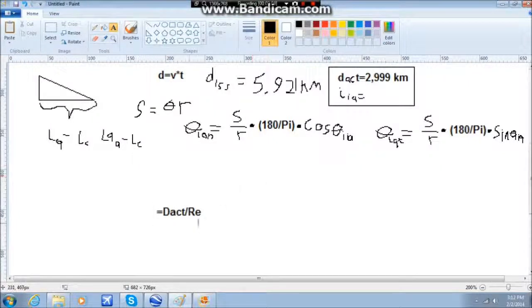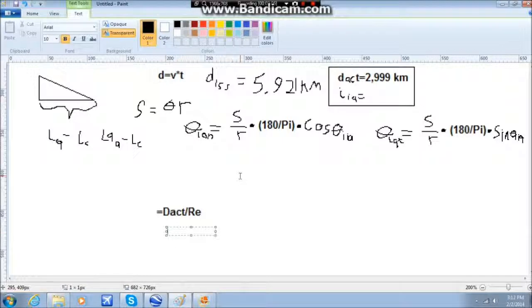And when we do that calculation, we find S over R equal to 0.4707 radians.